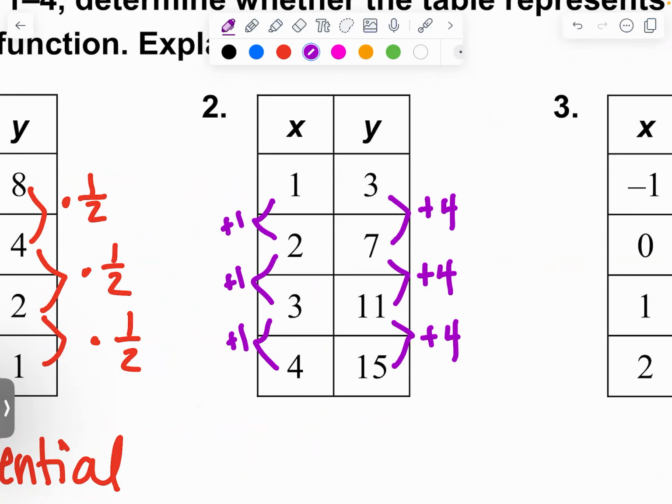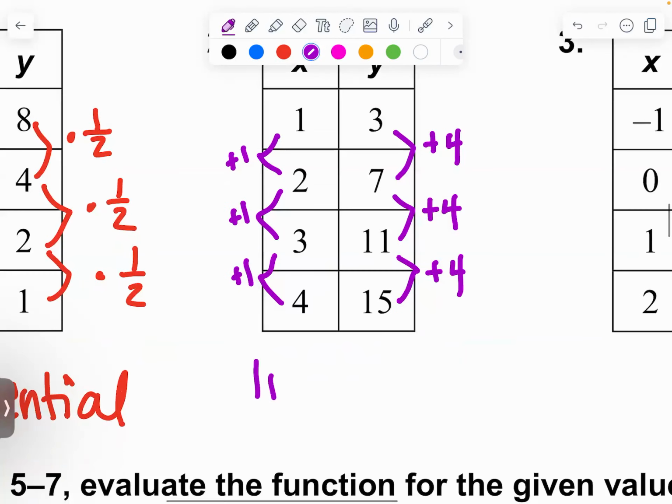Ellery, would this be exponential or linear? Yes, this is a linear function. We have a constant rate of change of 4/1. Our y's are adding the same number, could be subtracting too. This is a linear function.